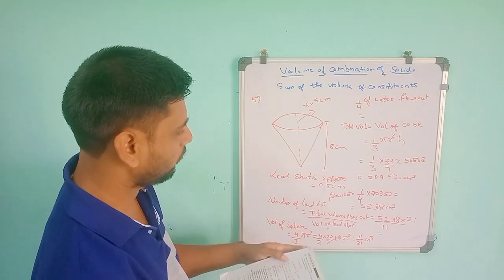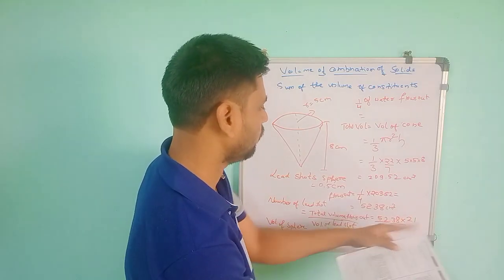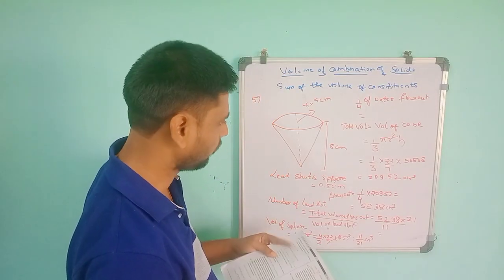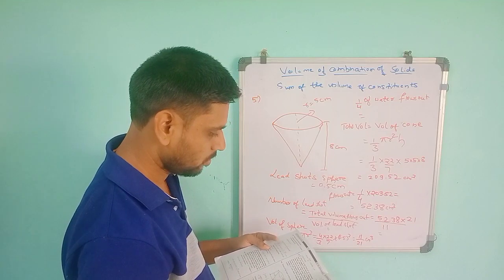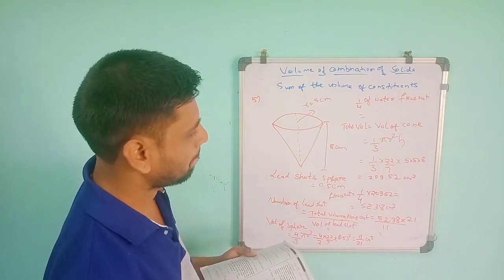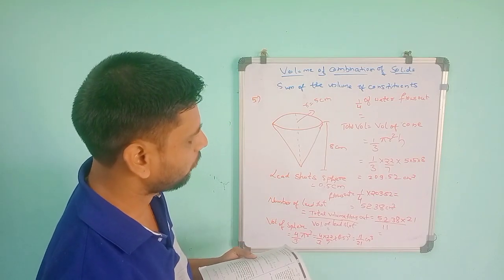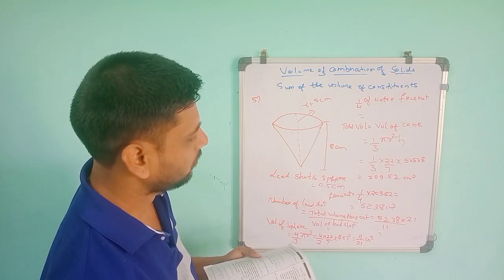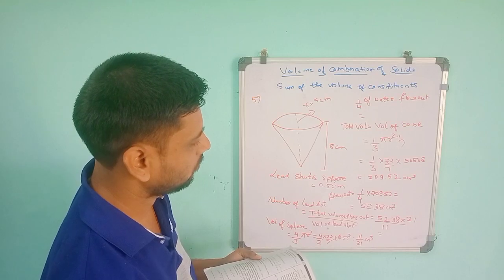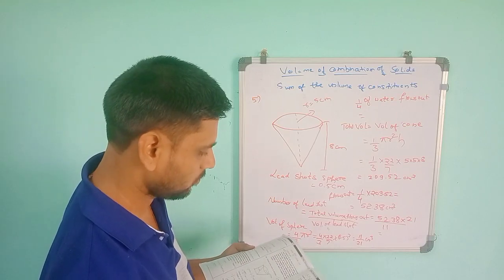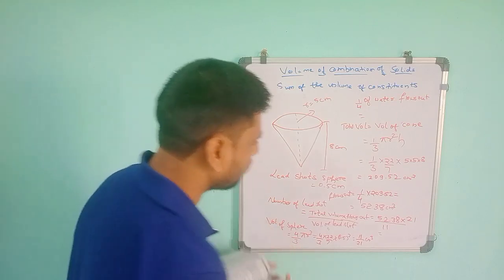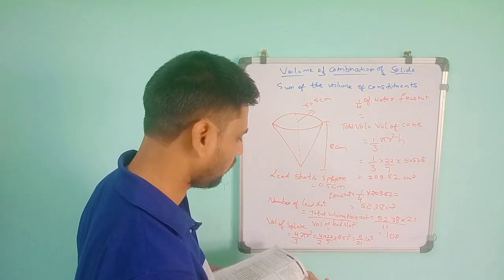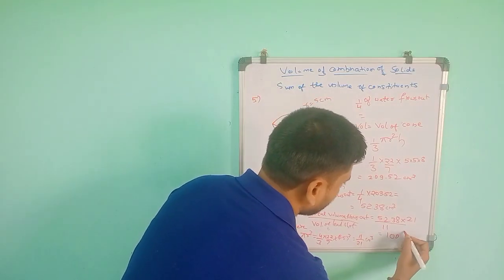So we write 52.38 divided by 11 by 21. 11 4s are 44, 77. So approximately this comes to 100. The number of lead shots is 100.